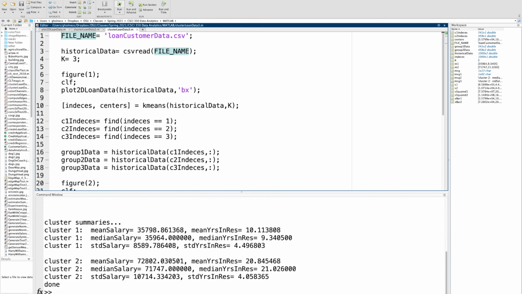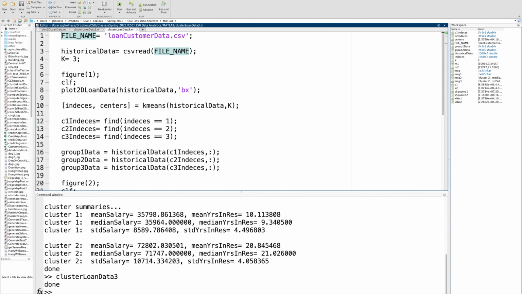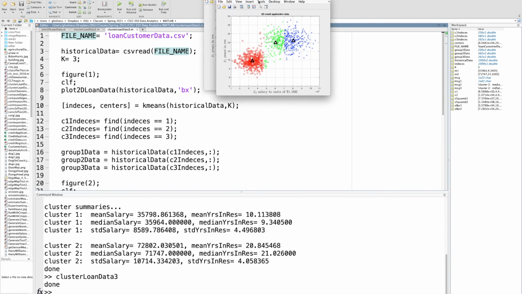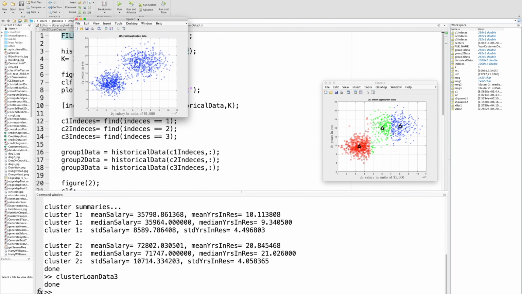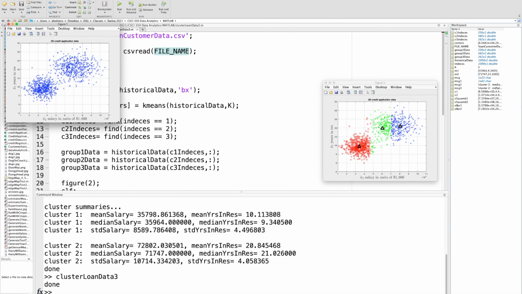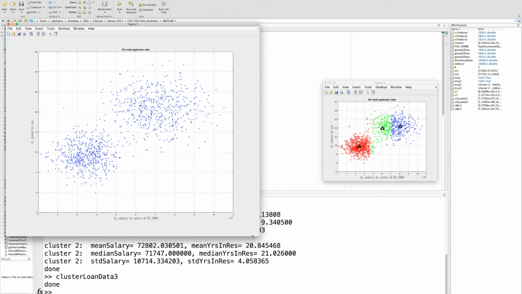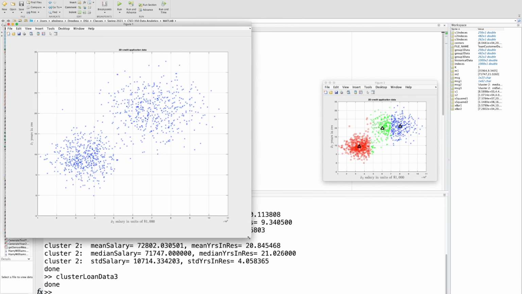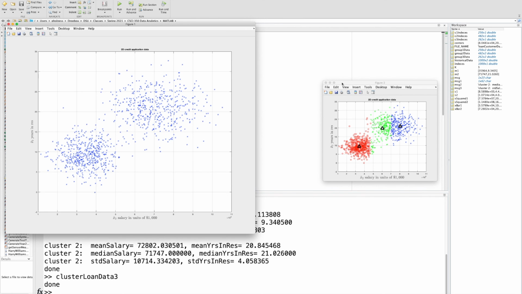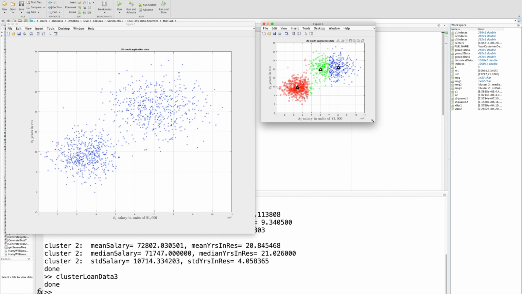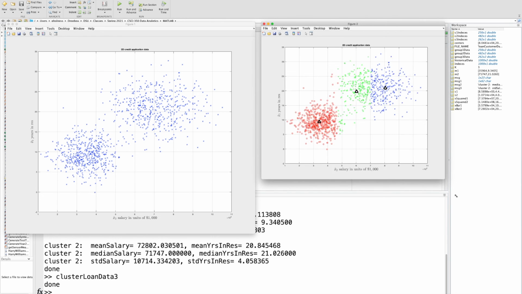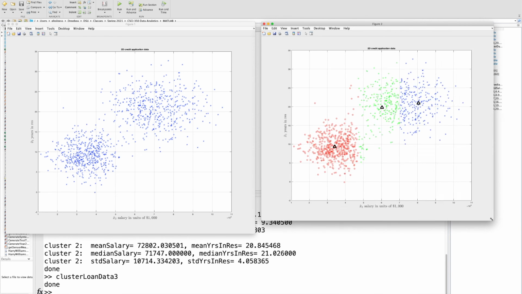But let's run this nonetheless and see what we get. So I run this, and when I bring up figure 1, that is my original data. It did not change. It's the same as what we had when k, the number of clusters, was equal to 2. But the interesting part happens when we color our data based on the clusterings.